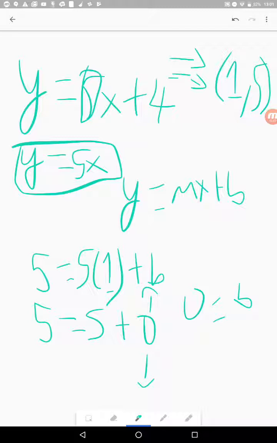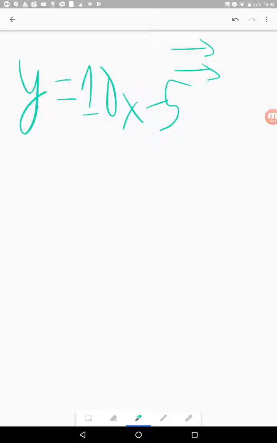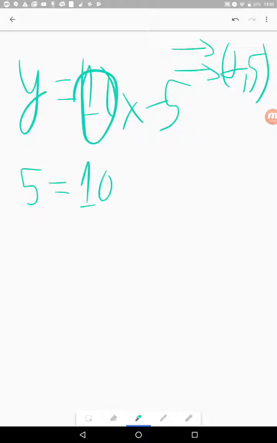Okay, guys, let's try another one. Okay, let's say we had y equals 10x minus 5 parallel with the given points of 2, 5. So again, we plug in our 5 in for y. So 5 equals, remember, parallel means same slope. So we're going to put in 10 for m.